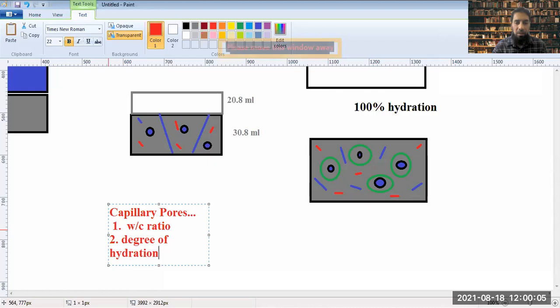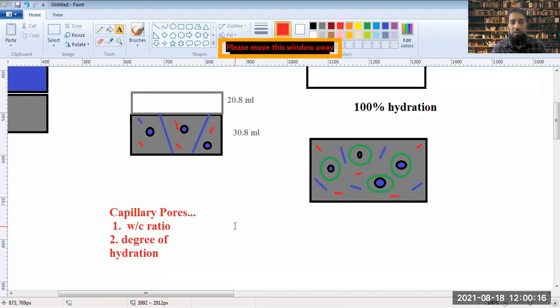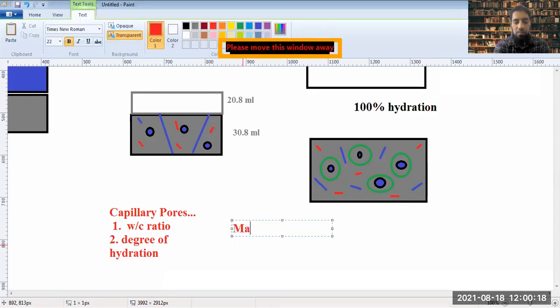So water cement ratio has its effects, and similarly the degree of hydration has an effect. Both of them have an effect on the maturity level of the concrete. It's also known as the maturity level of concrete cement.